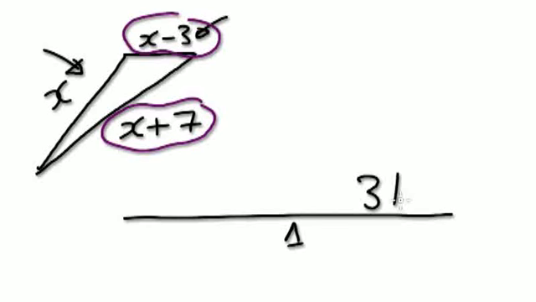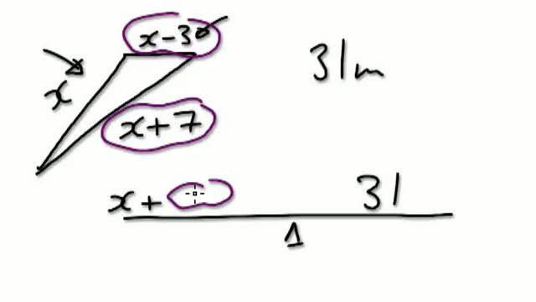The perimeter is 31 meters, and on this side it's x plus x minus 3, and then plus x plus 7.